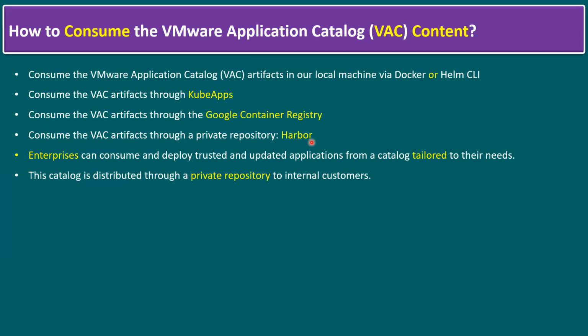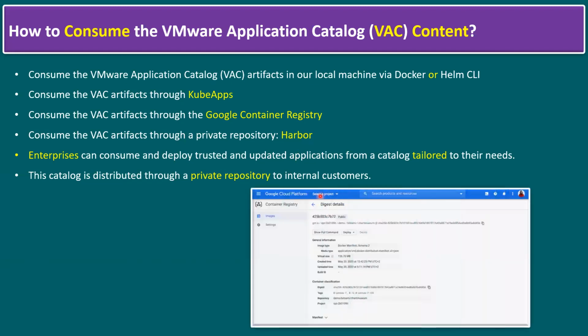So with any method we deploy, enterprises can consume and deploy trusted and updated applications from the catalog tailored to their needs. And this catalog is distributed through a private repository, which is Harbor, to our internal customers. I gave one example screenshot, for example, Google Cloud Platform.